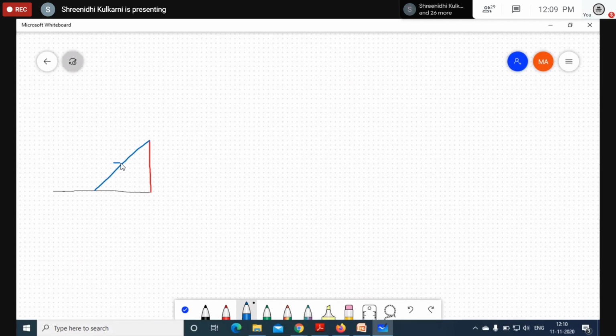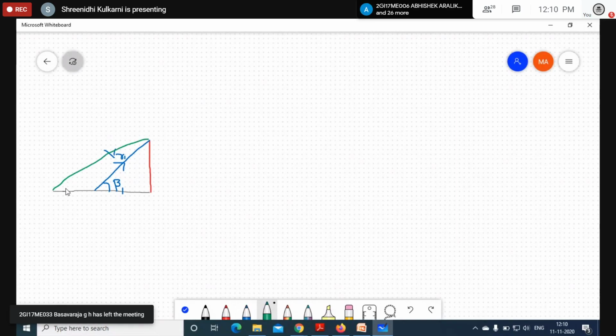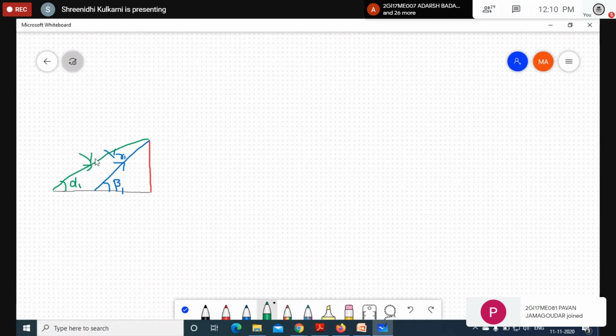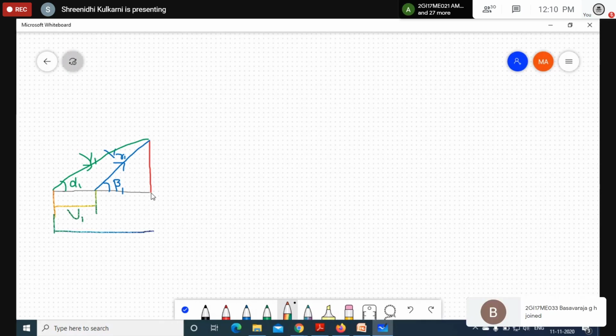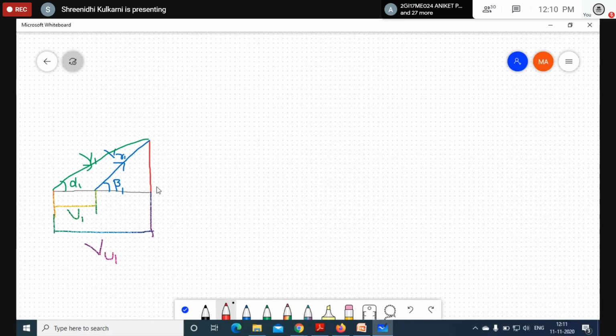So this I'll call VR1 with respect to beta. So next I'm going to draw here alpha 1 and this is V1. So alpha to beta, I'm going to call it U1. Next, from here to here, we can call it VU1, and this is the relative velocity VR1.